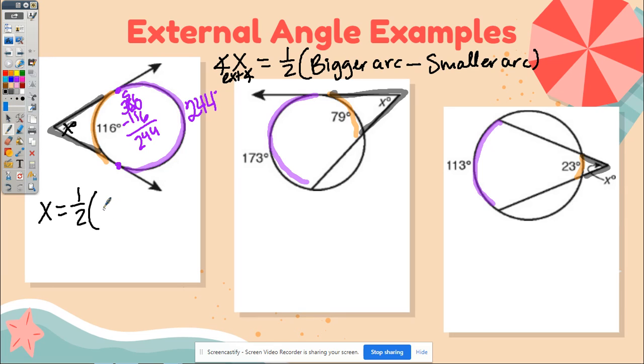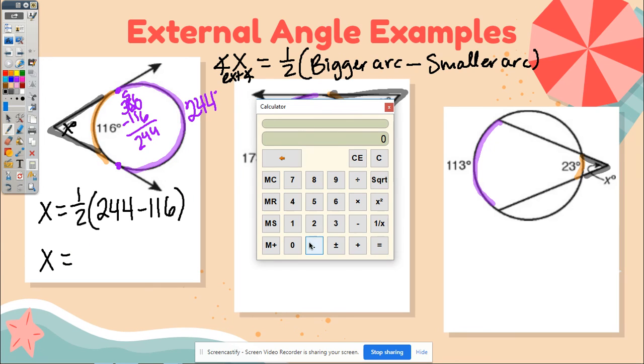So then that becomes your bigger arc minus your smaller arc. Then you just have to do PEMDAS, parentheses first. So we're subtracting 244 with 116 and you get 128. And then you do 1/2 times 128, same thing as dividing by 2, and you'll get your answer of 64.